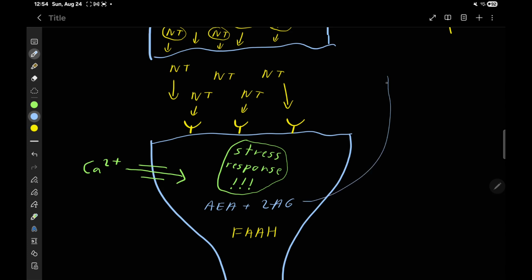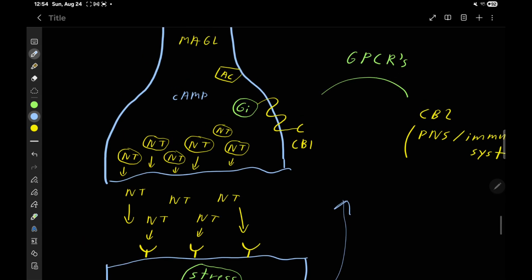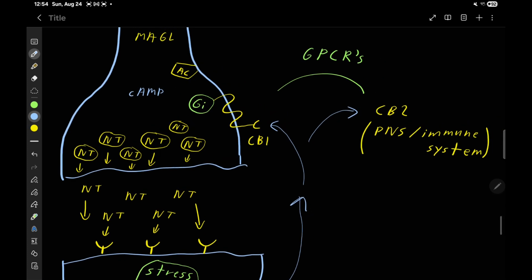Now these are released from your postsynaptic neuron, and they can go and bind to your CB1 receptor, which is mainly a part of your central nervous system, or CB2 receptors, which are mainly part of your peripheral nervous system and are found on immune cells as well.